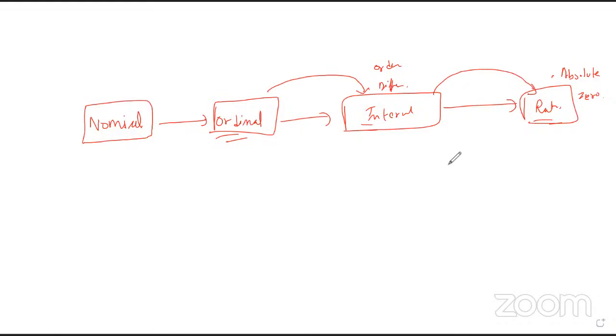Can you explain how a particular year can be called a nominal, ordinal, or interval variable? In what cases can they change their behavior? In simple terms, if you're talking about just the year, this is completely nominal.